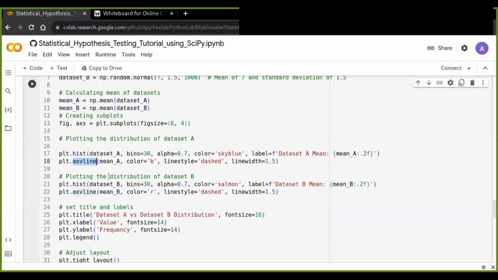Okay, and I'm also plotting the distribution of dataset B. It's the same, the only difference is changing dataset A to B and mean A to mean B, because this represents the vertical line, or the center of the dataset.